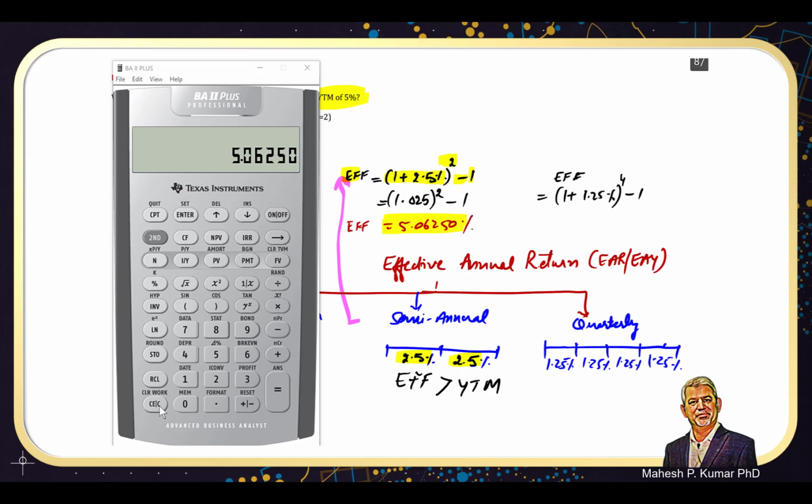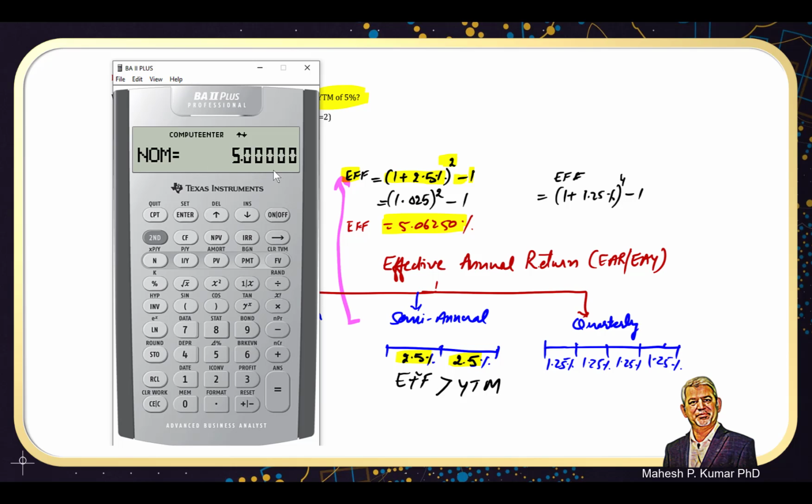But the interesting thing is that this calculation can also be done through the inbuilt iConvert function in the BA2 Plus calculator, and it is a second function on 2. So we will go to second and go to 2. They are asking for the nominal rate. This is something from a previous calculation.